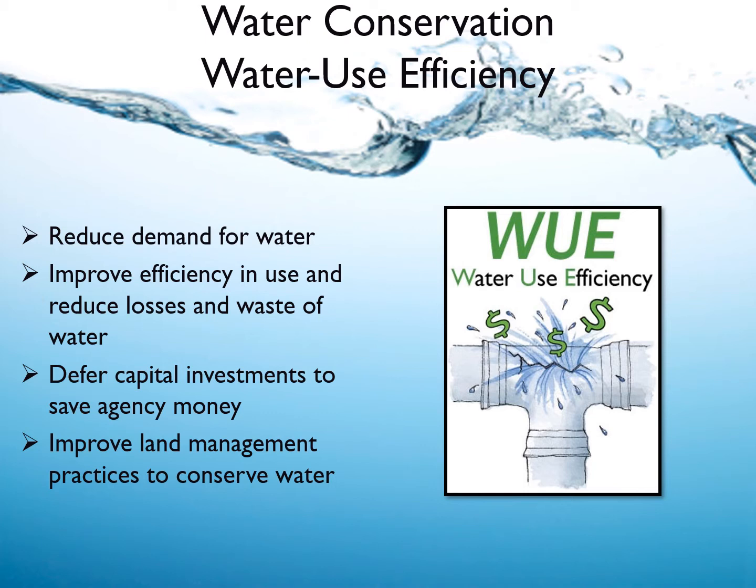Another way that you should look at conservation is what land management can do to conserve water. You may have noticed recently that new developments all have bioswales or rain gardens or some way to divert stormwater off of the pavement generally and keep it out of the stormwater system.